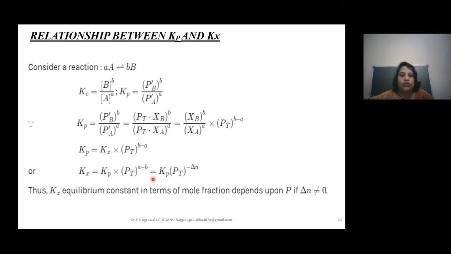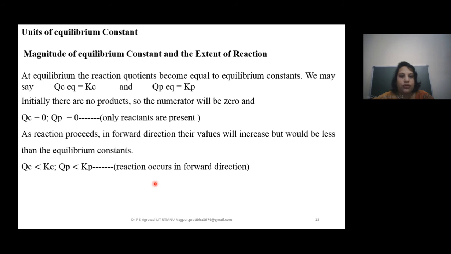Now about the units of equilibrium constant. You can easily take any reaction like this. You take the terms, product on the upper side, reactant on the lower side, and you can find out the units. Now the magnitude of the equilibrium constant.